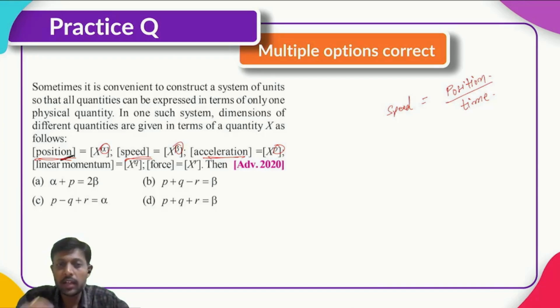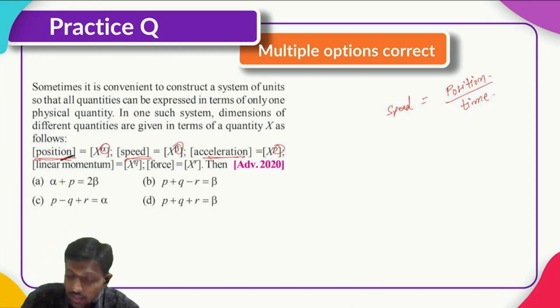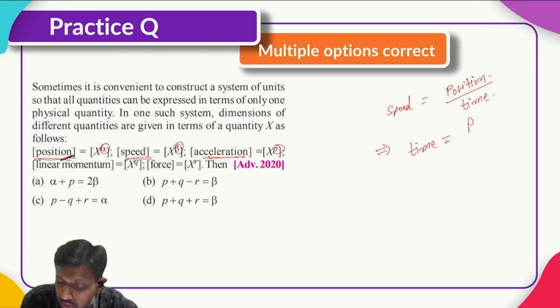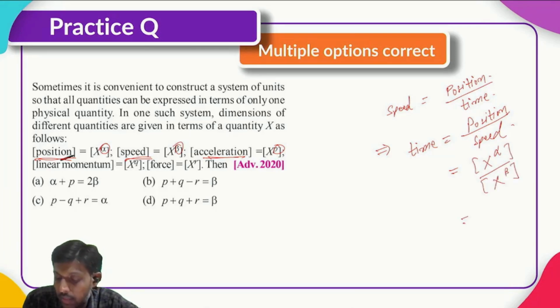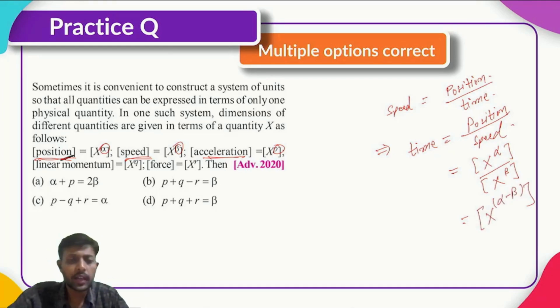So let's first find out how time should be represented in terms of speed and position. Time, can I write it as position upon speed? And position is x to the power alpha, whereas the dimension of speed is x to the power beta. So we can say that dimension of time is x to the power alpha minus beta. This is going to help us find the other relation.